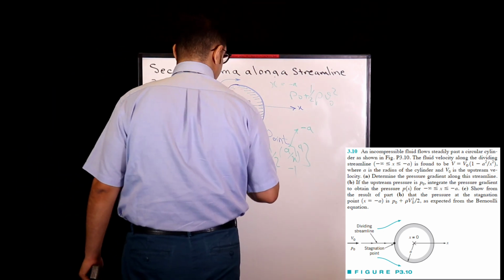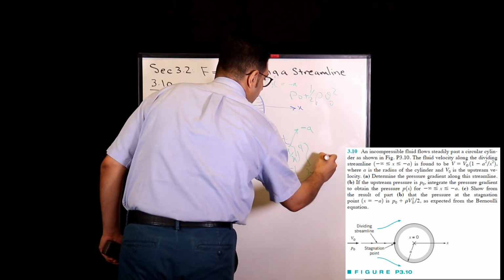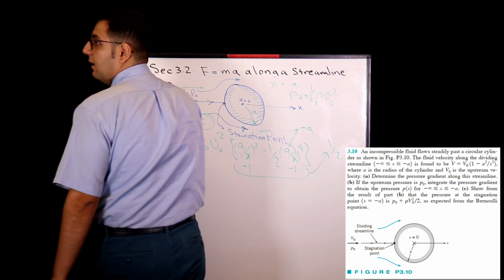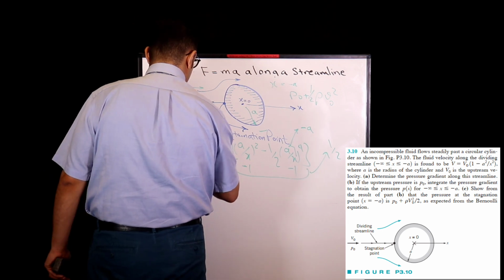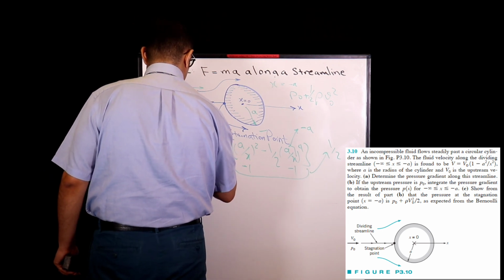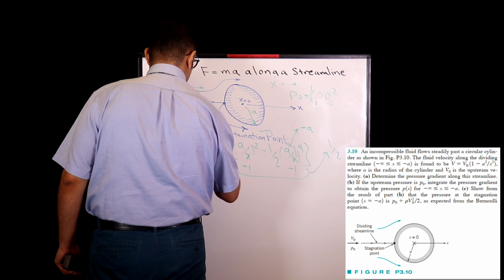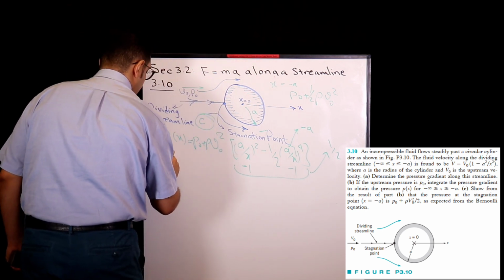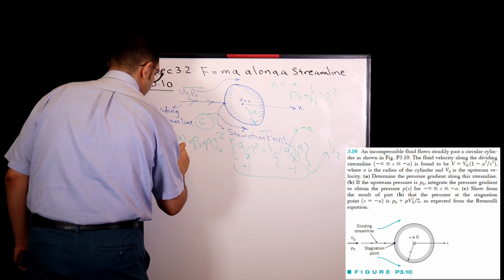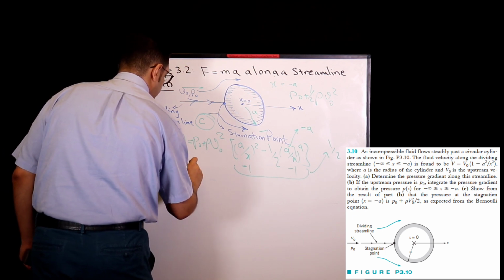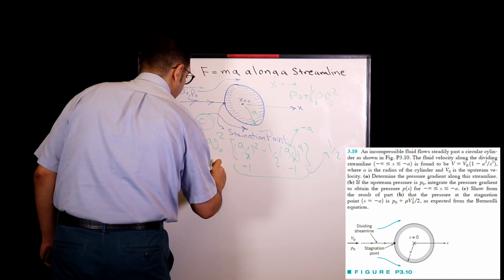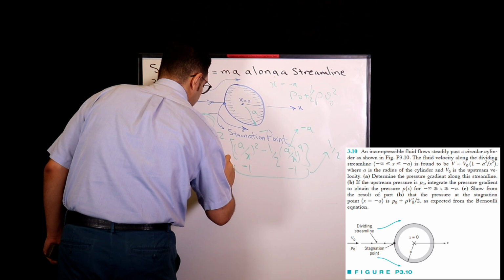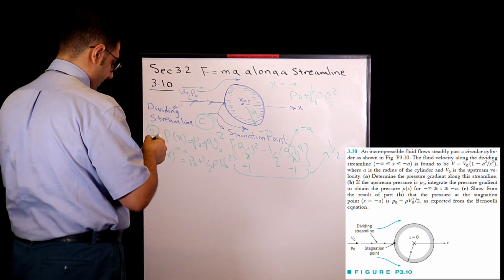So the total combination of this is going to be 1/2. Excuse me, there's a P0 over here. P at x equals minus a is equal to P0 plus 1/2 rho V0 to the power 2.